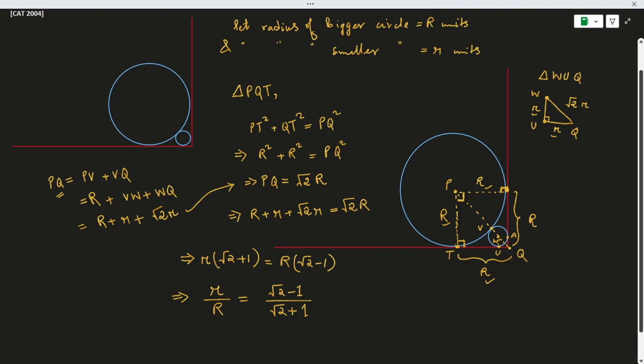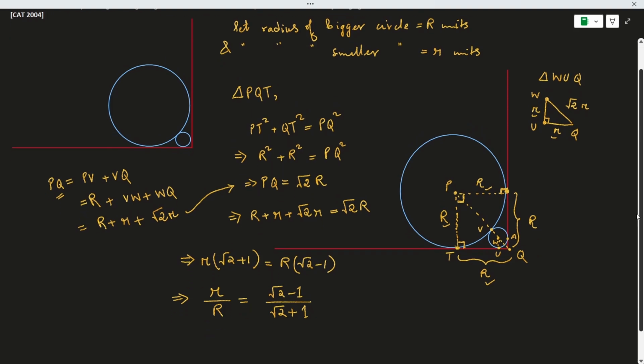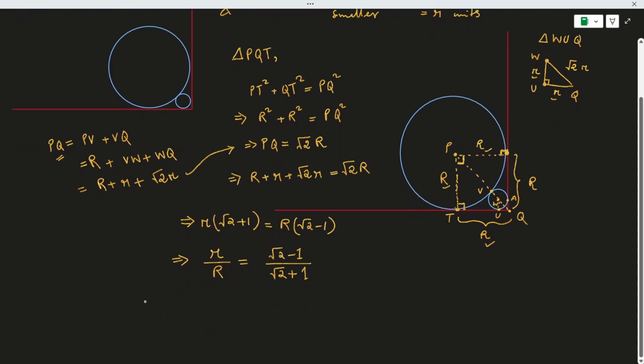And in our case we are told that the radius of the larger circle is 2. That means capital R is 2. R equal to 2 we are given. So what should be smaller r? Smaller r will be equal to root 2 minus 1 by root 2 plus 1. If I rationalize this, I will get root 2 minus 1 whole square by 1.